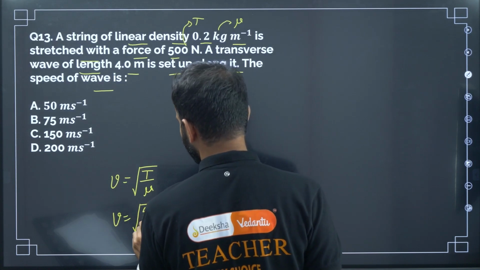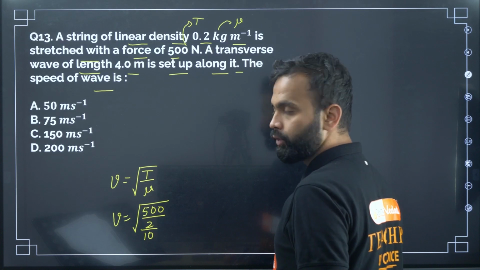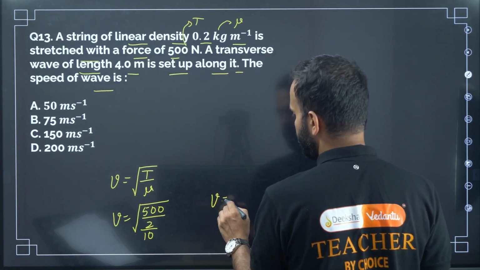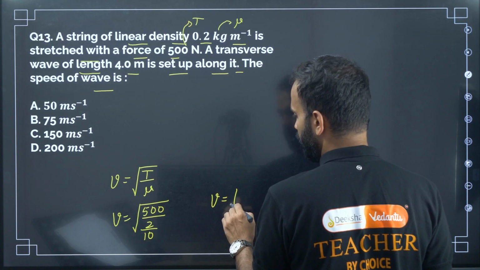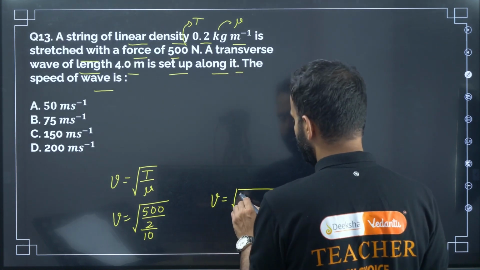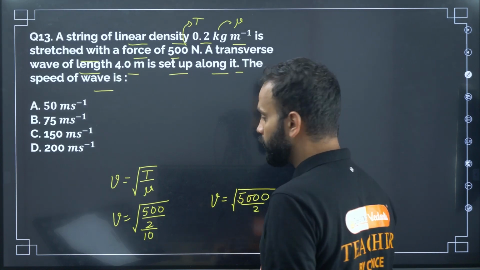0.2 is 2 divided by 10, right? So now v is equal to root of 500 into 10, that is 5000, divided by 2. 5000 by 2 is 2500.